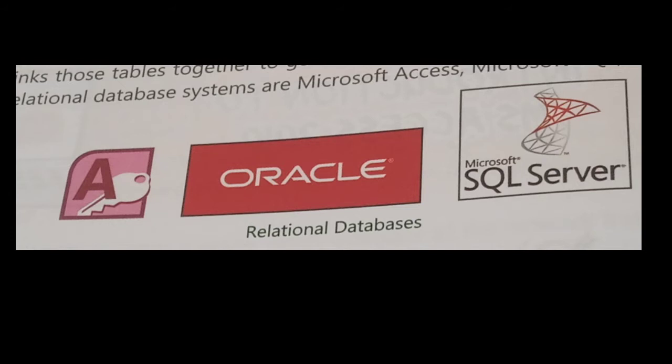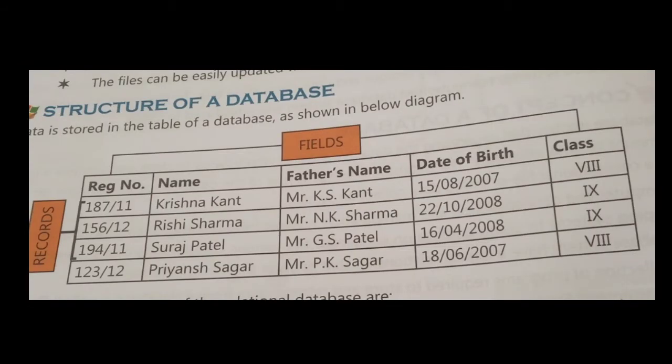Okay students, next one is advantage of a database. Database की क्या advantage है, इसके क्या हमें फायदे हैं. A database system has many benefits. Some of the important benefits or advantages are: first one is it minimizes the duplication of data by integrating and sharing the data files.